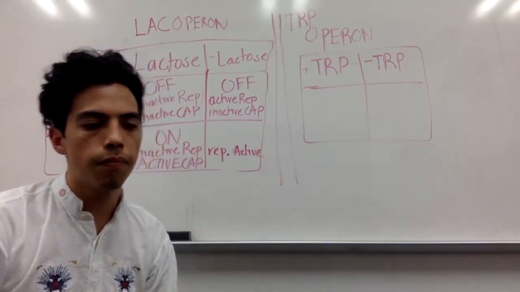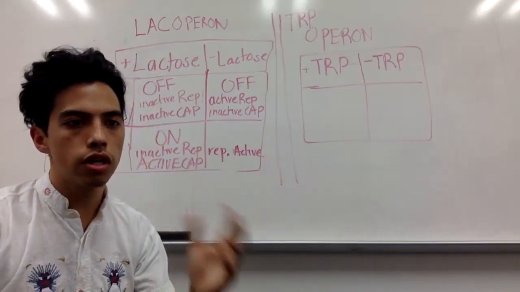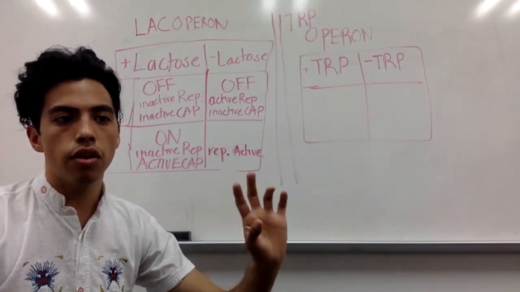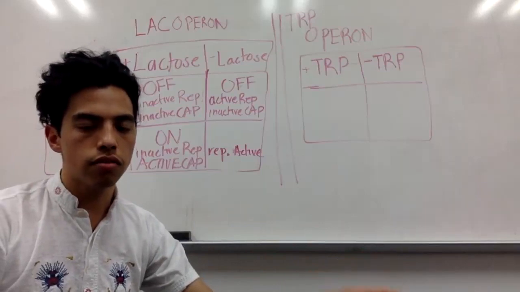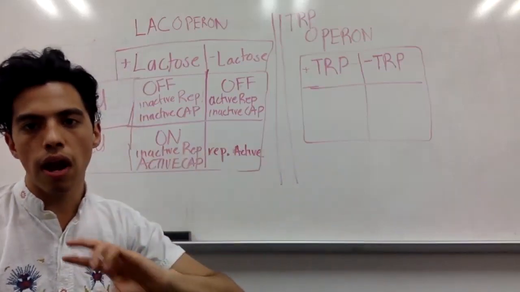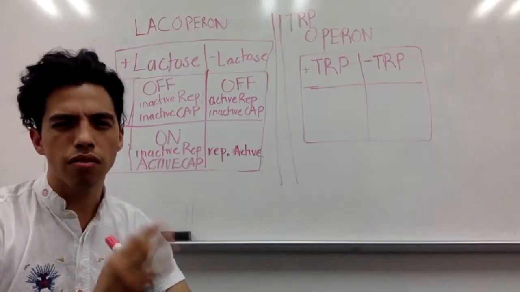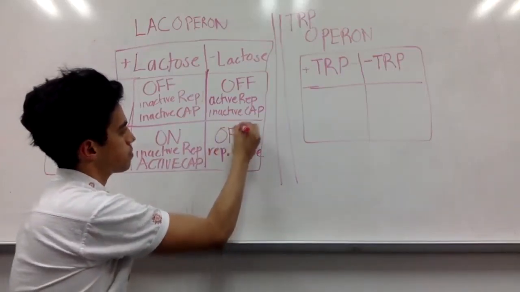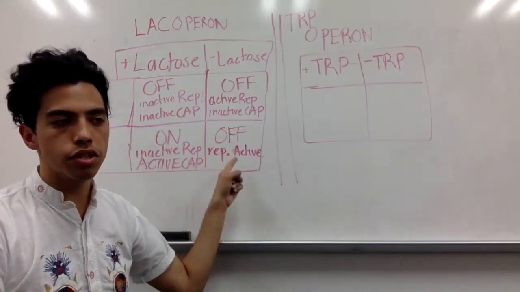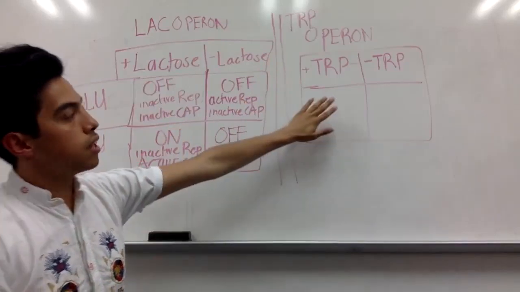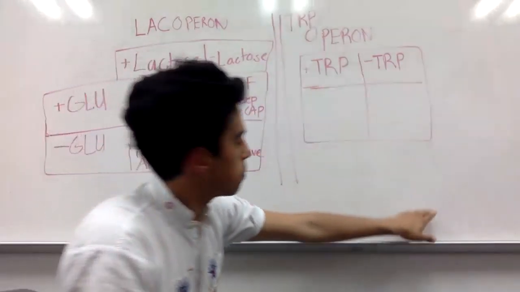To determine whether the operon is on or off, look at whether the repressor is inactive or active, and whether the CAP complex is inactive or active. You don't want to say on or off because it gets confusing. So this one would be off, because the repressor is active and binding to the operator, saying no transcription. And now we can go through the trip.